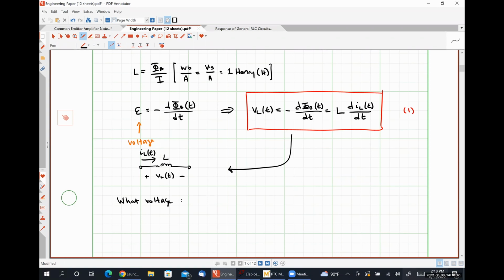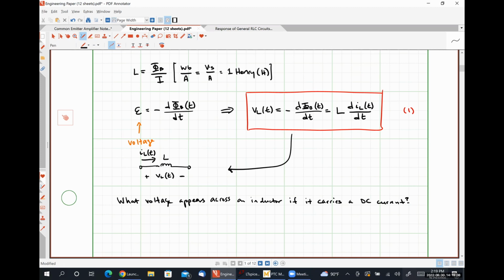What voltage appears across an inductor if it carries a DC current?